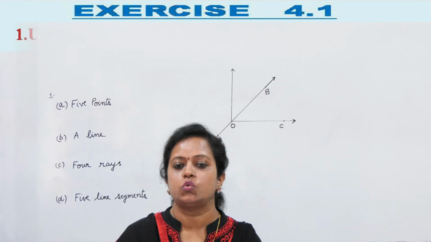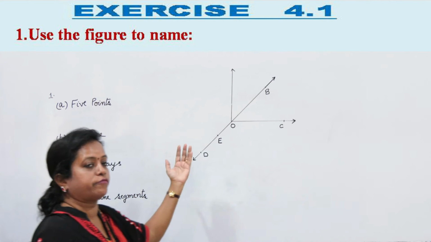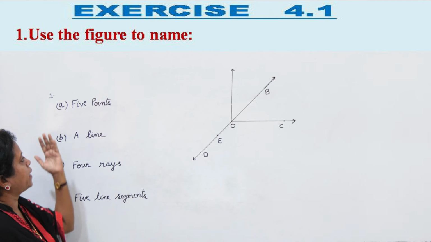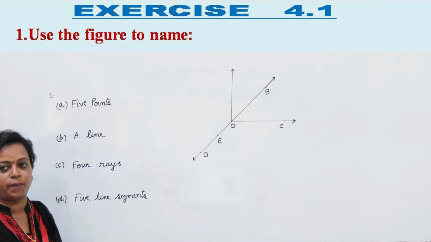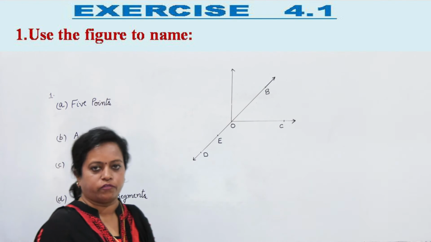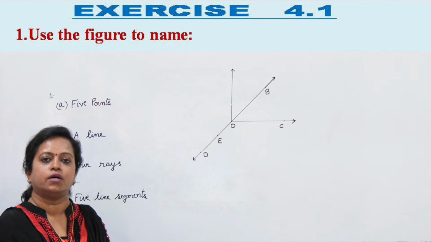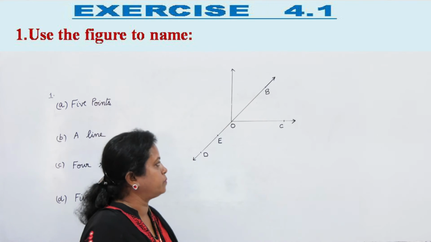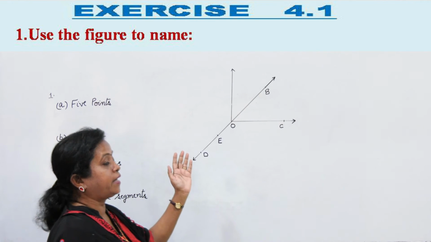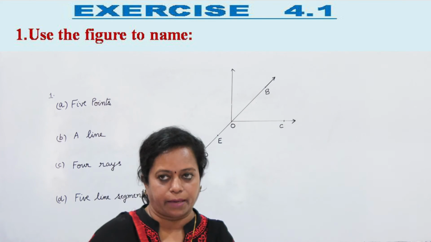First question, use the figure to name. You have been given a figure and you have to answer the questions according to what is asked. The first part is, from this figure you have to name 5 points. Now you know what a point is. It refers to a position or a location. And remember what we learnt about how to denote a point by using capital letters.